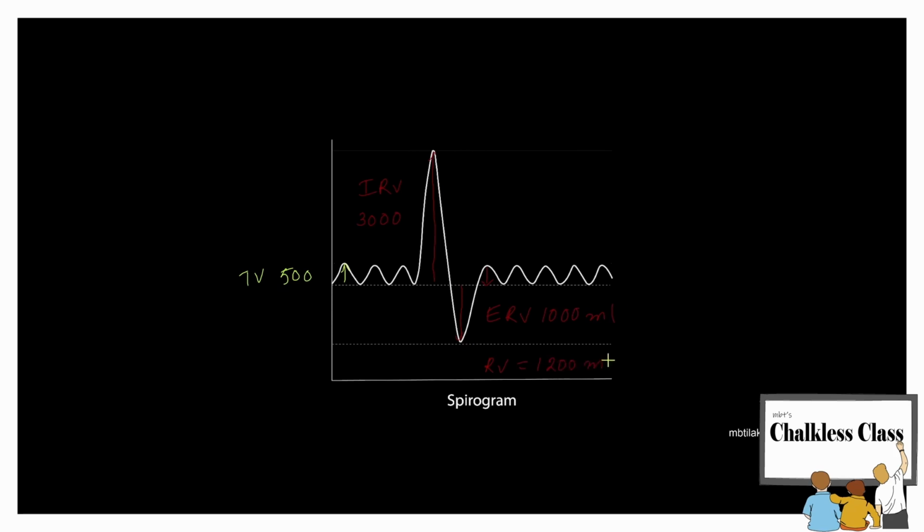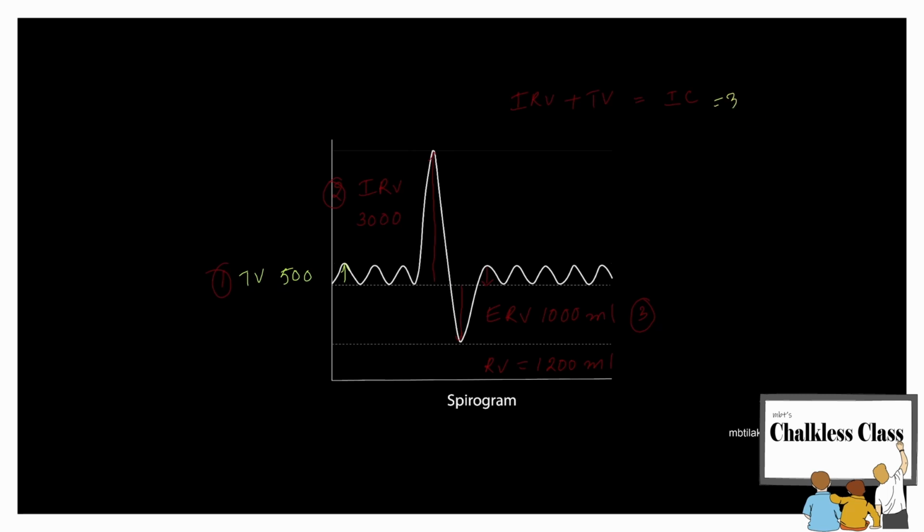Residual volume is 1200 milliliters. By the spirogram, we can get three types of volumes. One is the tidal volume, next inspiratory reserve volume, and third expiratory reserve volume. But residual volume we cannot measure with the spirogram. The combinations of volumes are called respiratory capacities. Let us take this one. Inspiratory reserve volume and tidal volume. This is called inspiratory capacity. IRV is 3000, TV is 500.